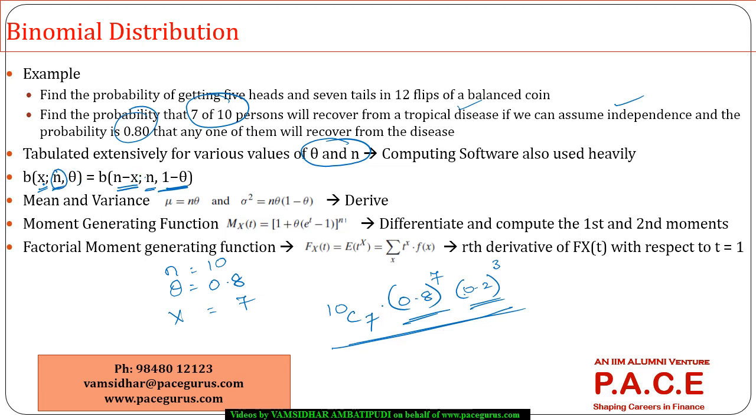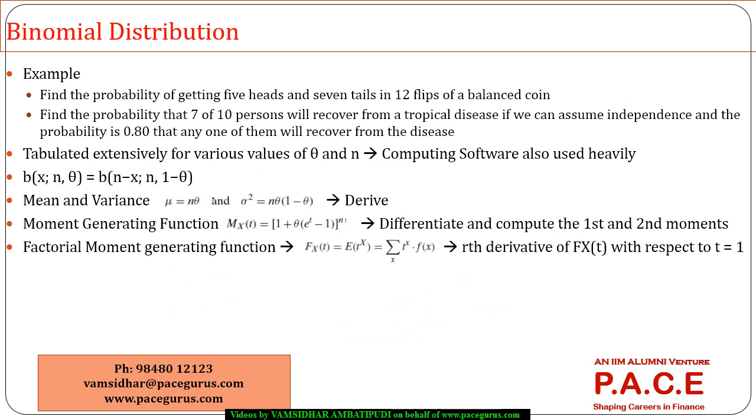Out of n trials, getting x successes with a probability of theta is the same as getting n minus x successes with a probability of 1 minus theta. Both of them will give me the same result. So in some cases, if I really want to change the process, I can very well change it to get my results in a much better manner.